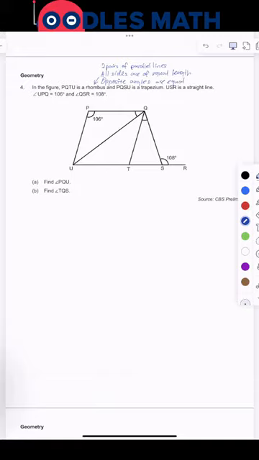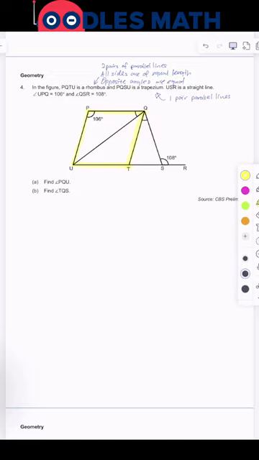Now let's take a look at the trapezium. A trapezium is actually very simple. It just has one pair of parallel lines. Now let's identify where the rhombus is. In this figure, the rhombus is the one that I highlighted in yellow. Now how about the trapezium?